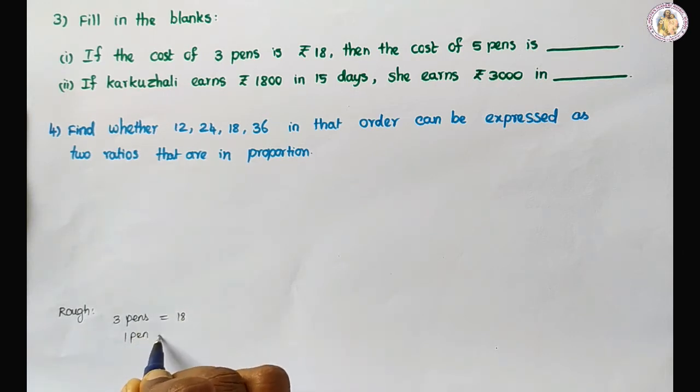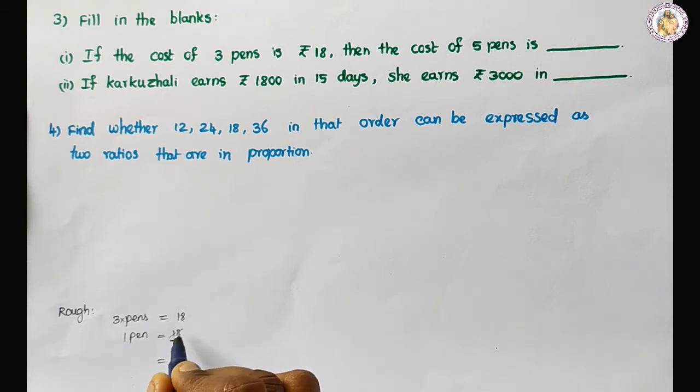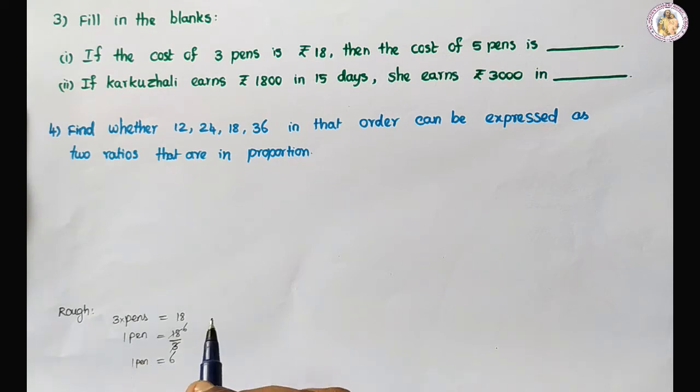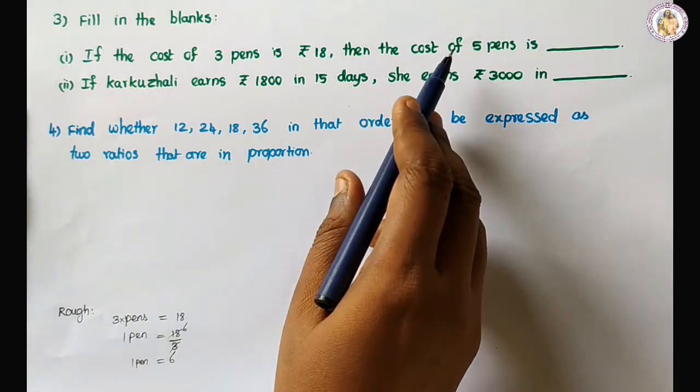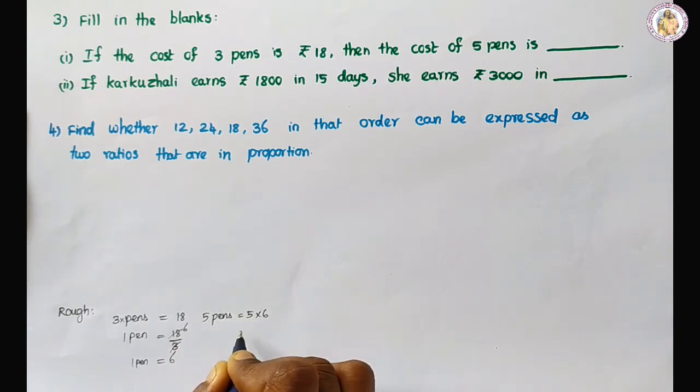So 1 pen equals 18 divided by 3. 3 is in multiplication, so bring this side means division. So 18 divided by 3 is 6 rupees. 1 pen equals 6 rupees. Cost of 5 pens: 5 into 6, that is 30 rupees. What is the answer? 30.